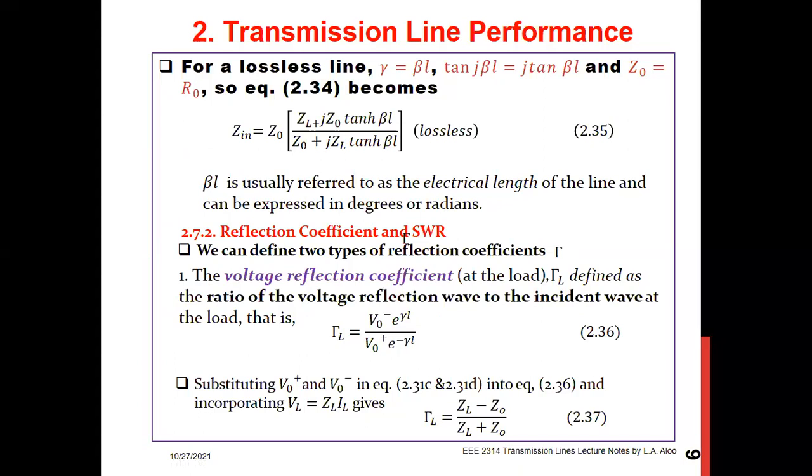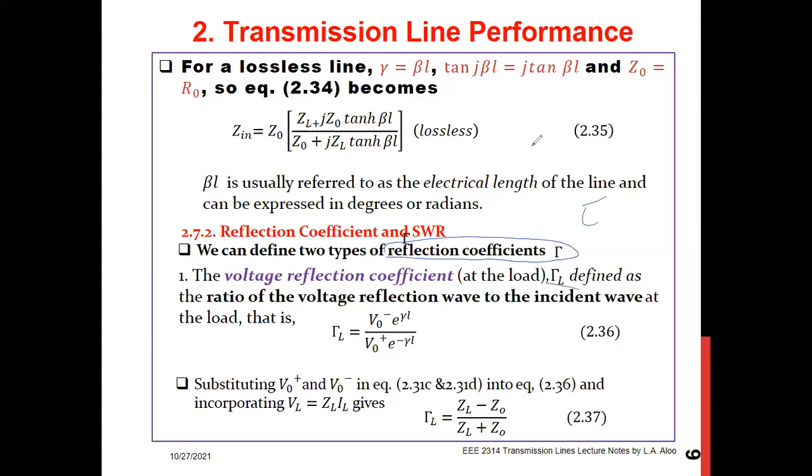The first definition, represented in equation 2.36, is a voltage reflection coefficient that has been defined at the load. Ordinarily the reflection coefficient is represented by the Greek letter tau.